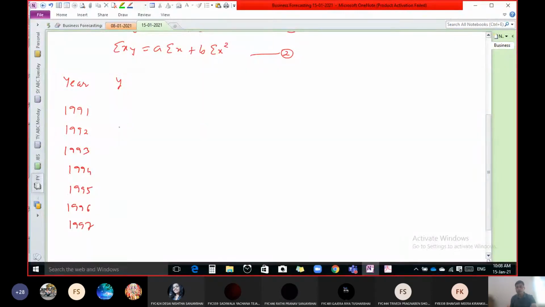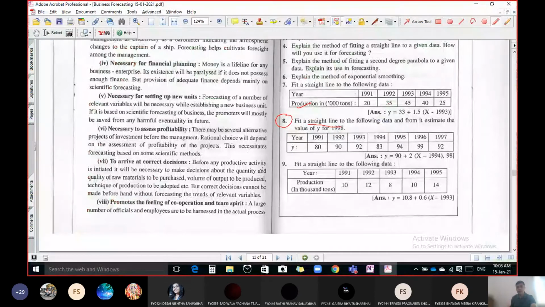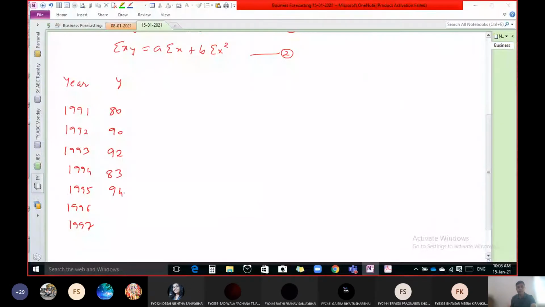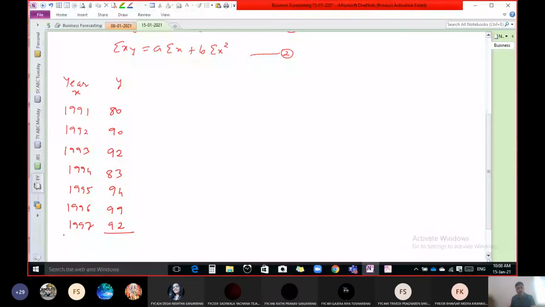We have different values of y: 80, 90, 92, 83, 94, 99, 92. You can consider the years as x and add all these values, so we get sigma x.